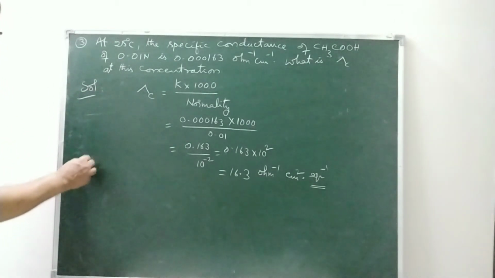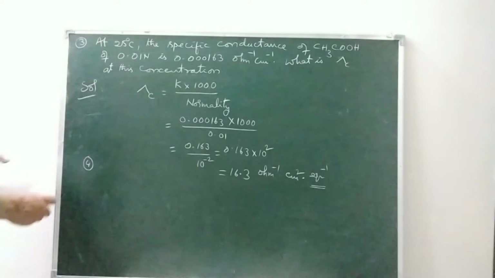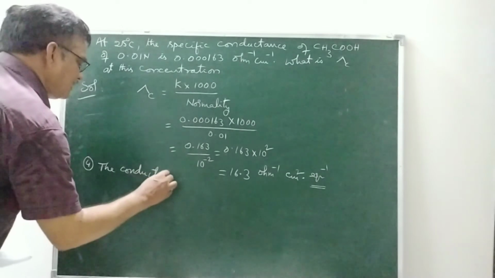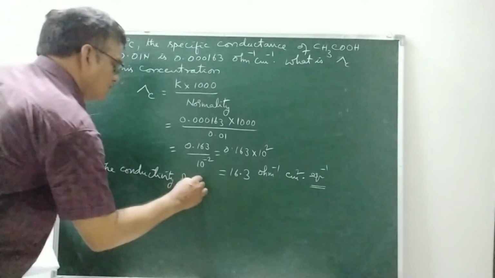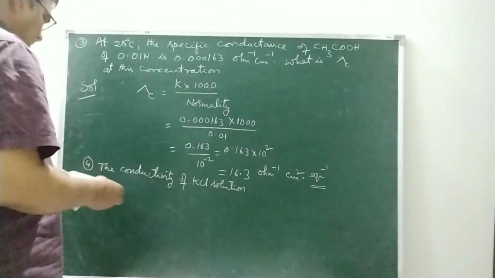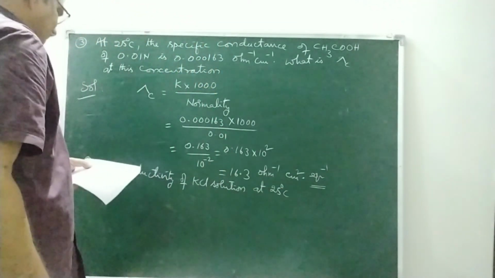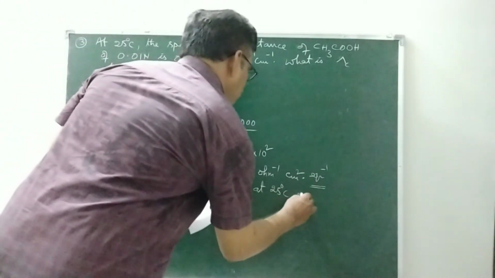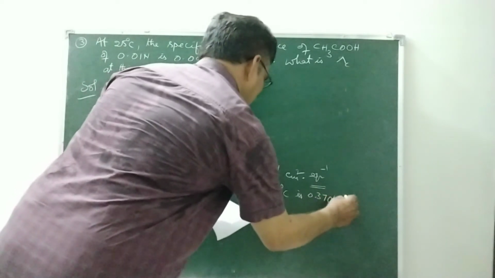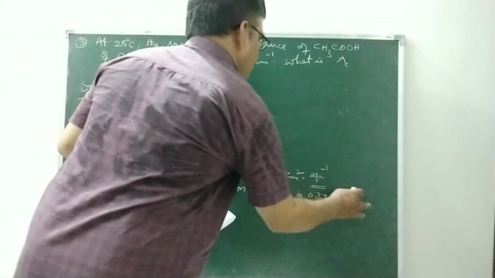Next one, we'll discuss another type of problem. The conductivity of KCl solution at 25 degrees Celsius is 0.3704 Siemens centimeter inverse.